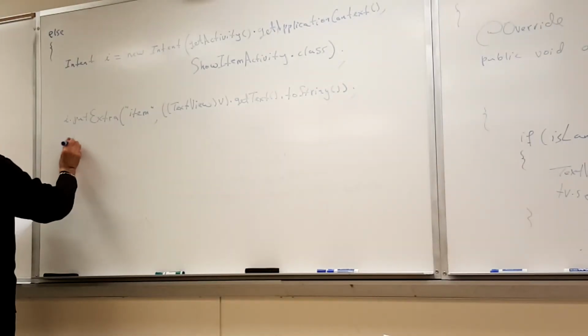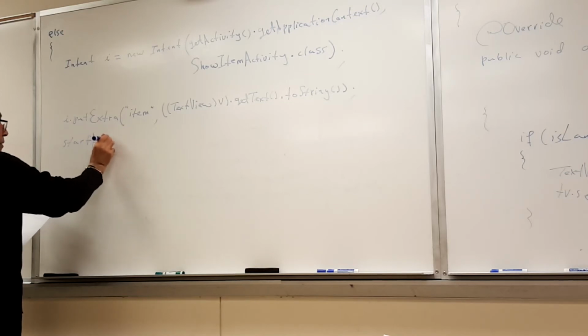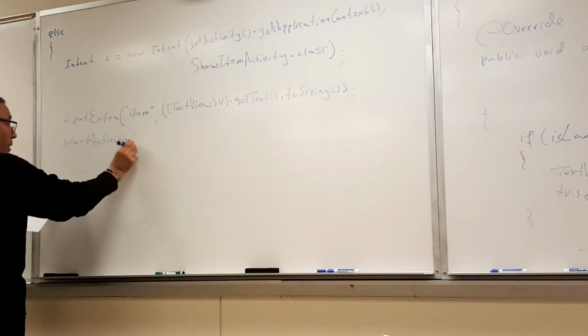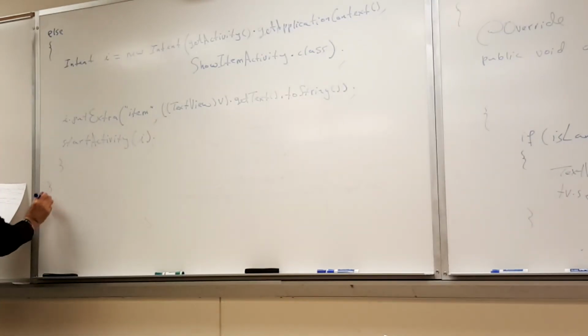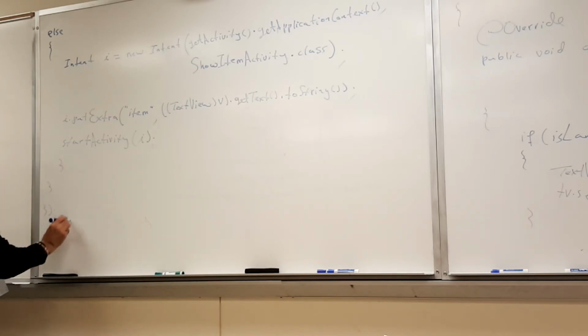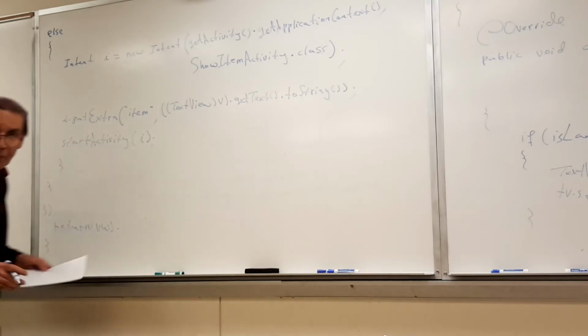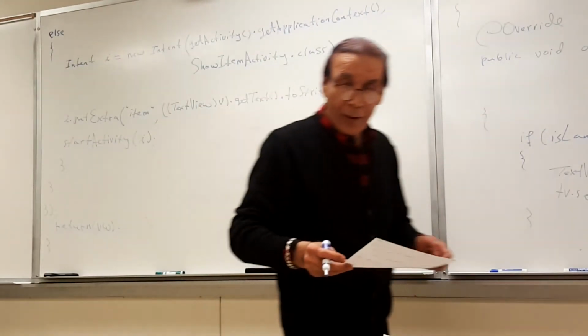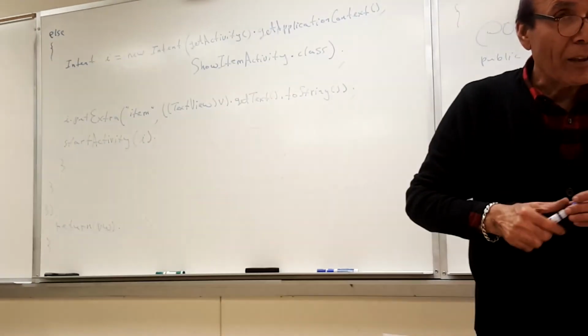Start activity, parenthesis, I, and close and close and close the parenthesis. I don't forget this time, return view, return V, right? And finally, close the bracket. Okay? So, this is done.